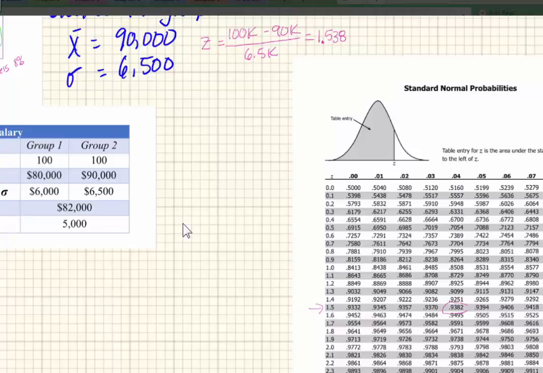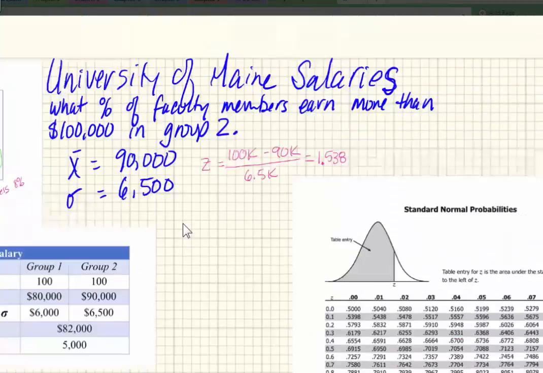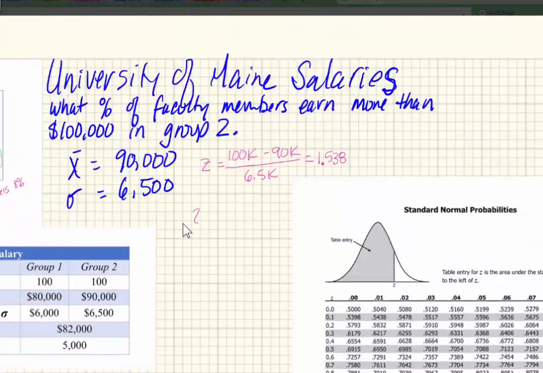So let's just write that over here like we did before. Z is going to equal about 0.9380 roughly. So that's what our z value is.